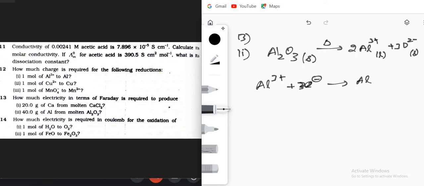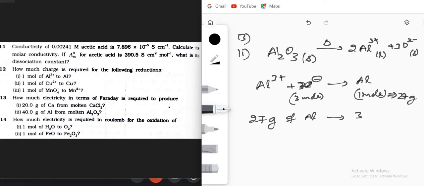Now the question is 40 gram of aluminium from molten aluminium oxide. According to this equation, to get 1 mole of aluminium, you require 3 moles of electrons. 3 moles means 3 Faraday, right? And 1 mole of aluminium is equal to the molar mass of aluminium, which is 27 gram. So to get 27 gram of aluminium, we need to pass 3 Faraday of electricity.